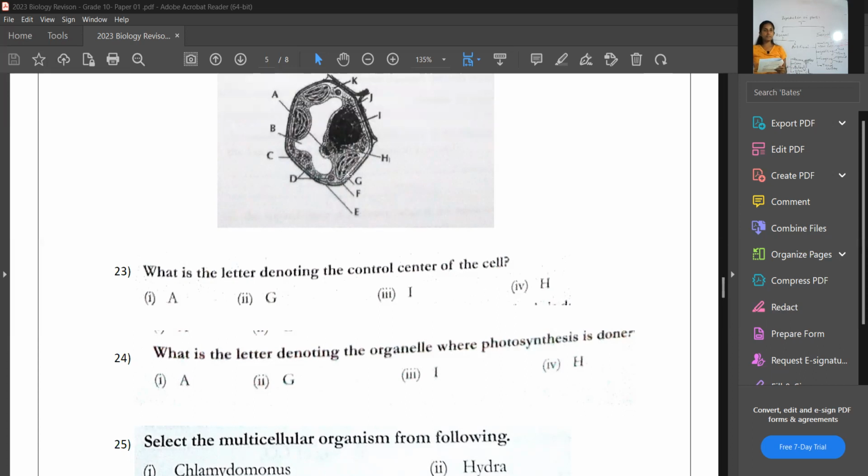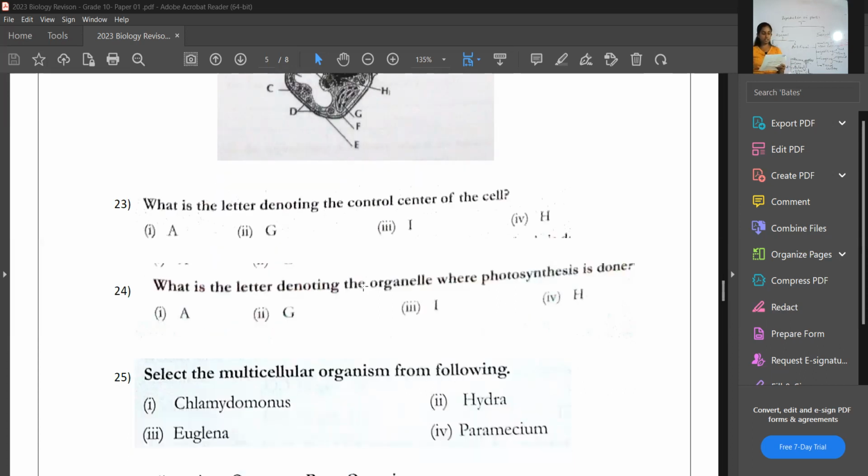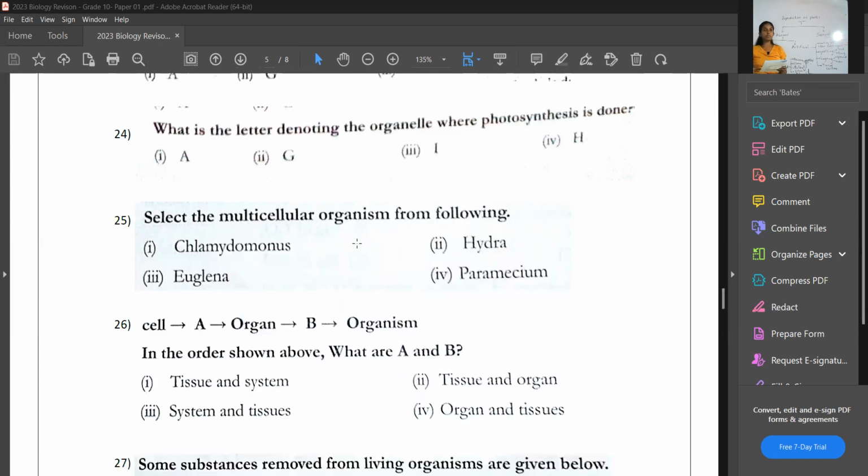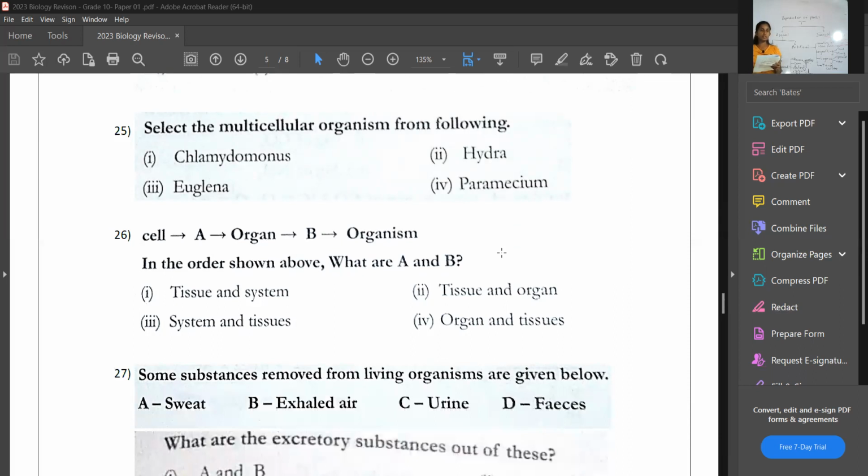Photosynthesis is done in chloroplast, letter G. Letter G. Right? Then select the multicellular organism. Chlamydomonas, Euglena, Paramecium, all are protozoa and all are unicellular organisms. Right? And the multicellular one is Hydra. In the Cnidaria group, Hydra. Right?